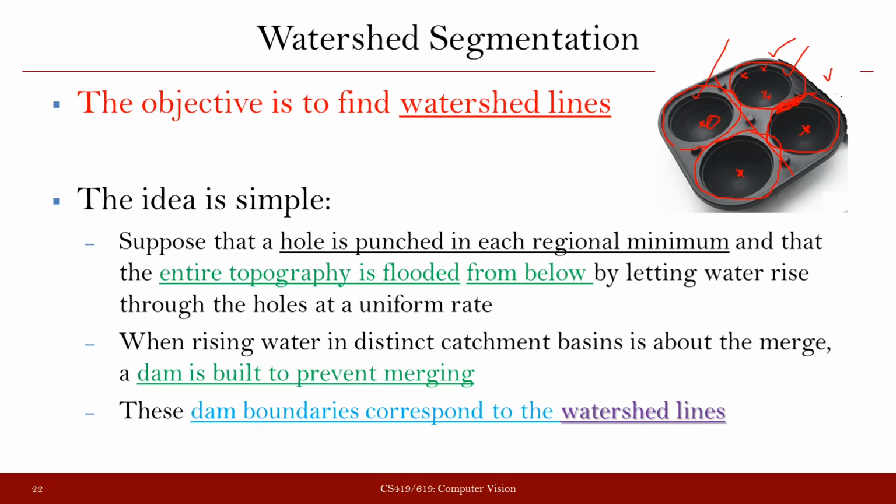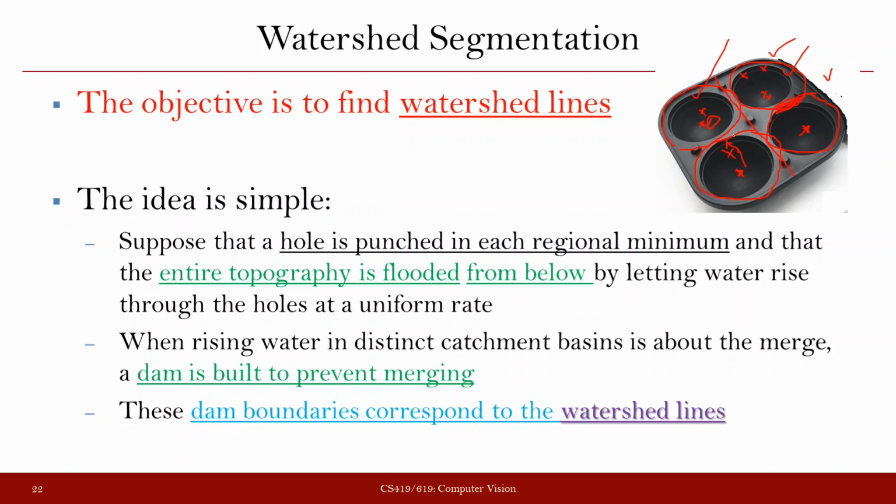In this physical tray, you can assume that there are holes in these cavities, and you are filling the water from the bottom. When you fill the water from the bottom through these holes, you will find that the water level will rise in these regions, and slowly when the water rises, you will find a case when this water will start merging with the neighboring water from the neighboring segment.